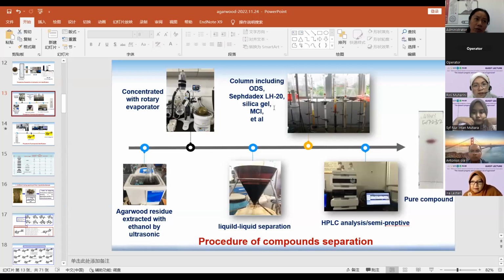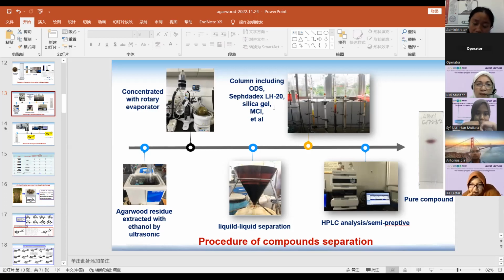The solvent is usually like petroleum ether and ethyl acetate, and sometimes we use three different solvents, but it depends on the compound.